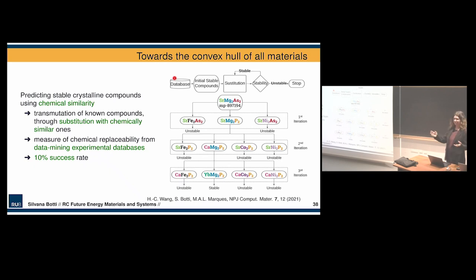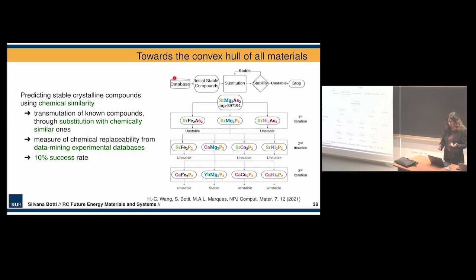And then you can compare and see that, for example, there are two compounds that have the same crystal structure, and have just one chemical element that is replaced by another one. So if we find one of such pairs, then we can say that these two chemical elements are similar, let's say.